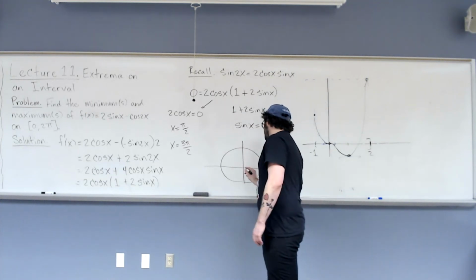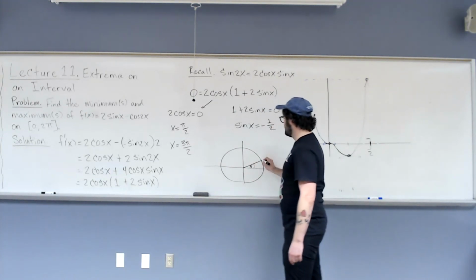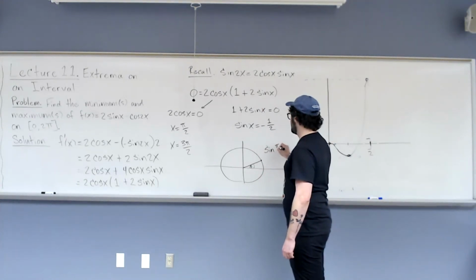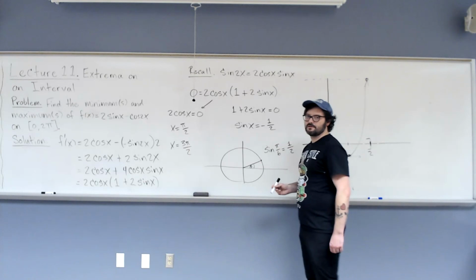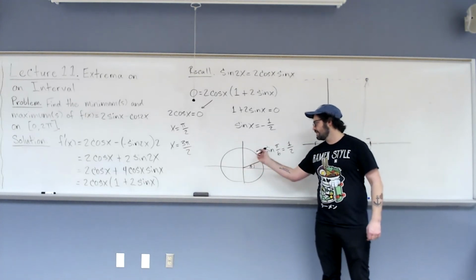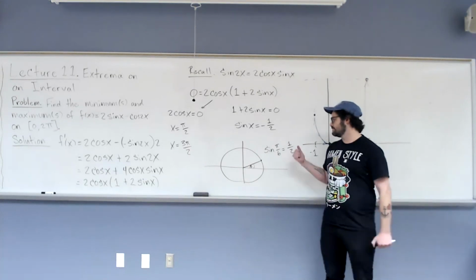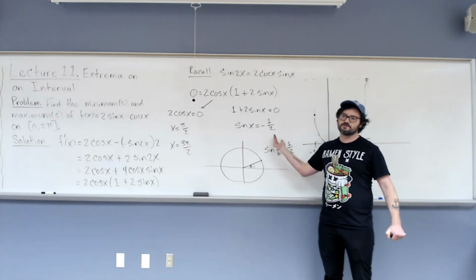Why? Because, well, in this case here, I know that sine of pi over 6 is equal to 1/2, or 30 degrees. And then it's pi over 6, then pi over 4, which would be root 2 over 2, then you have pi over 3, then you have pi over 2.